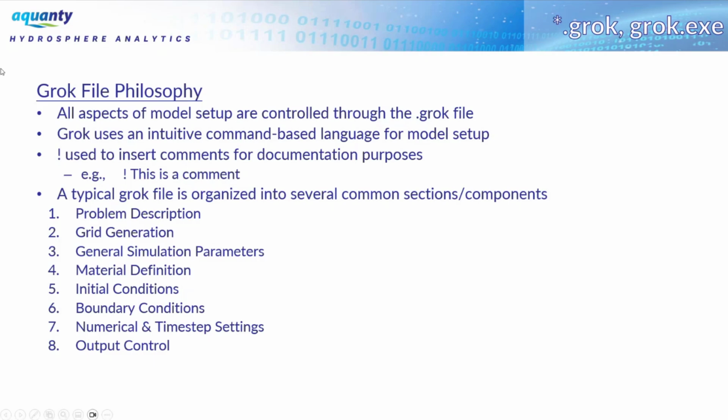It has some similarities as well in the fact that you can apply comments as you go through for documentation purposes or to activate or deactivate different commands. And we saw already earlier how a typical grok file has several common sections or components. It starts with a problem description, then you have grid generation, general simulation parameters, material or properties and parameters definition, initial conditions, boundary conditions, numerical stuff, time step stuff, and then finally output control.